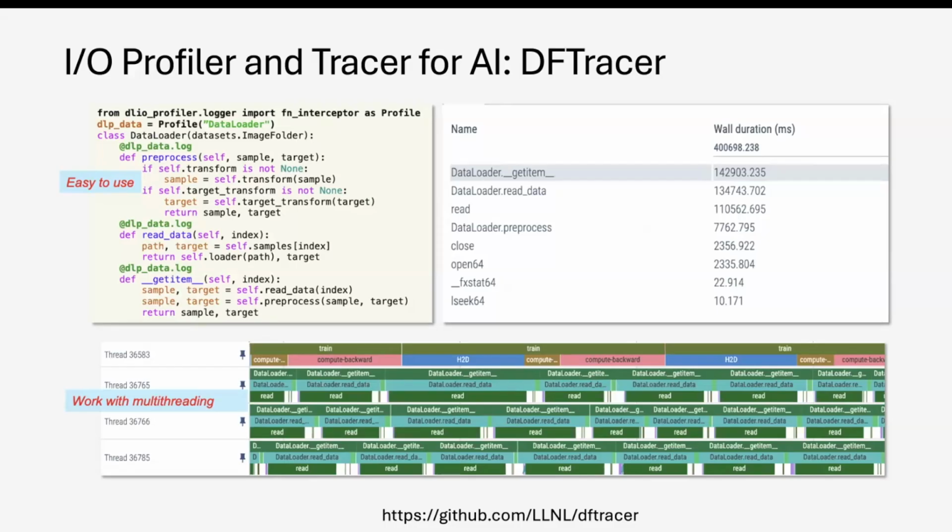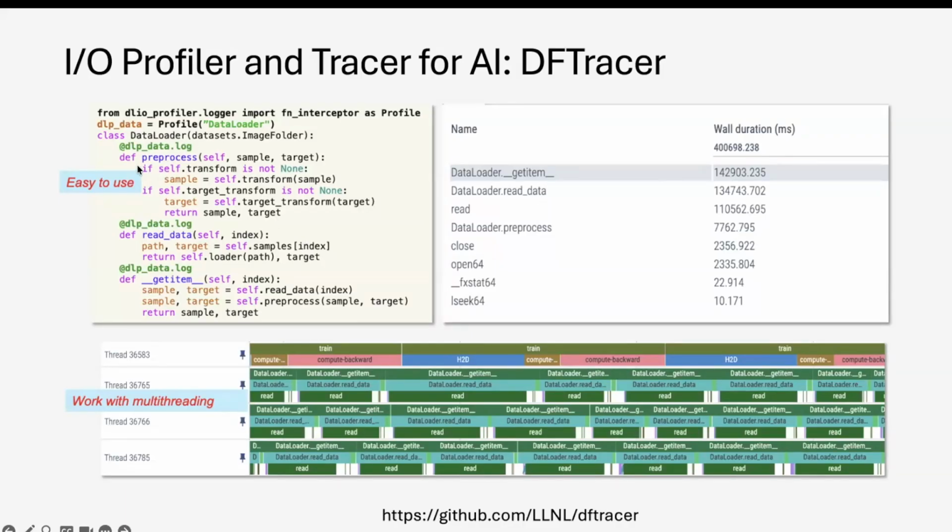You just decorate the function, the pre-processing function, the read data function, get item, and then it will generate this tracing result here. In this particular example, it has the lowest I/O call, the POSIX read, and then the read data, which is decorated here, and get item, and also pre-processing. The pre-processing is pretty fast, so you cannot see too much here.